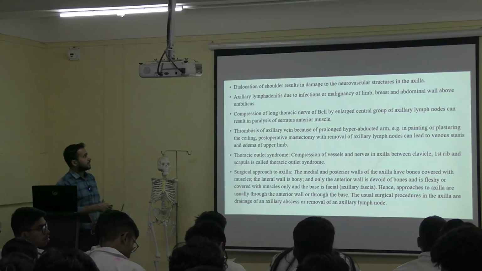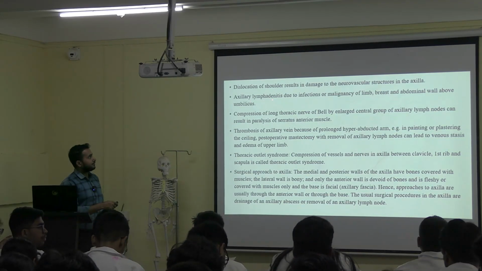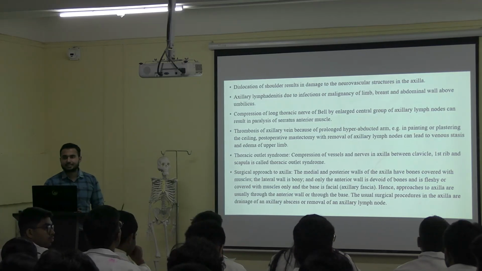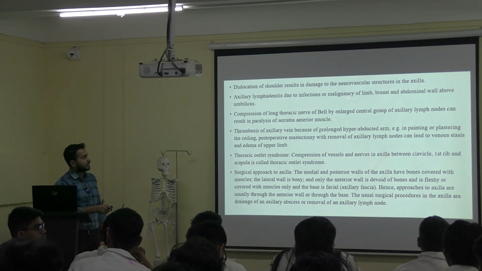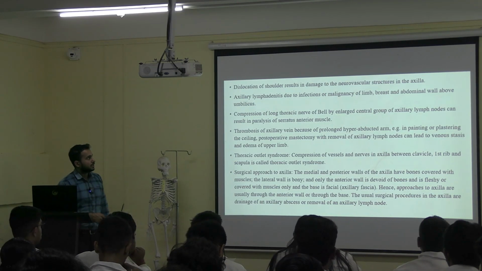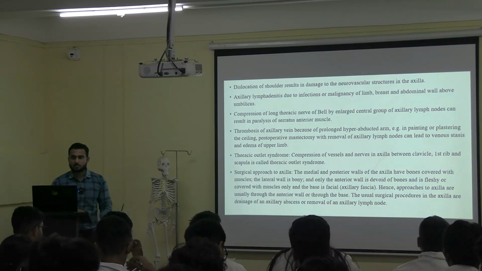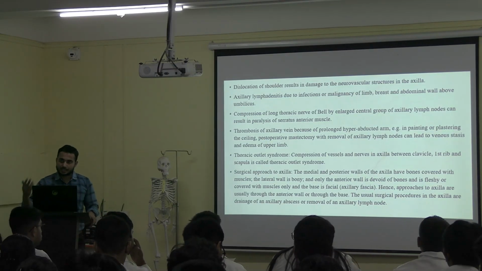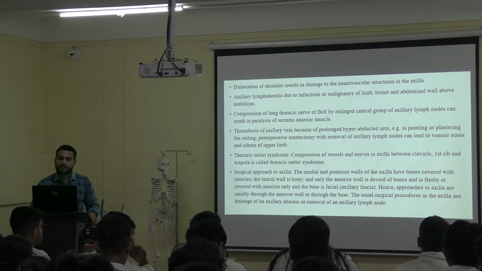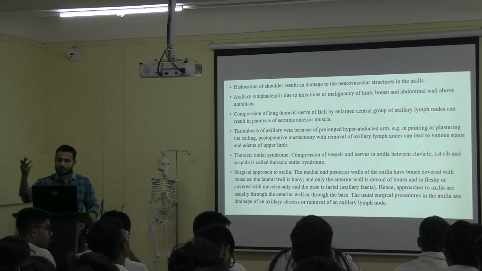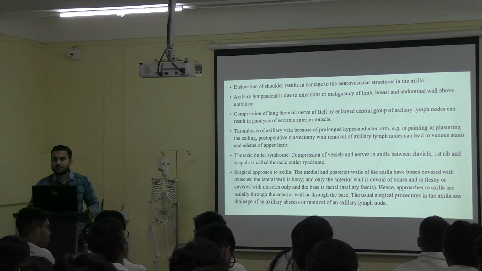Next is axillary lymphadenitis, meaning inflammation of the axillary lymph nodes, maybe due to malignancy or infection of the limb, breast, or abdominal wall above the umbilicus. From this particular area, the infection or inflammation can spread up to the axillary lymph nodes, and then the axillary lymph nodes can get inflamed.